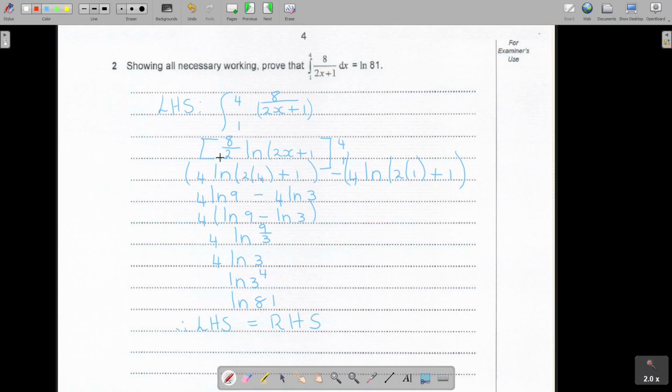If you're following the rules correctly, integrating it correctly, and then substituting correctly. Some of you stopped there, but then you have to show that you can establish the answer that they gave you. So it's actually using that power law. And that was actually also not so difficult.